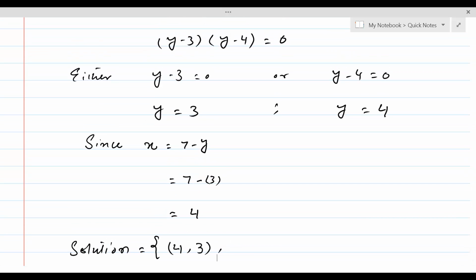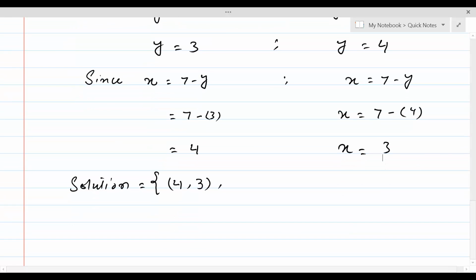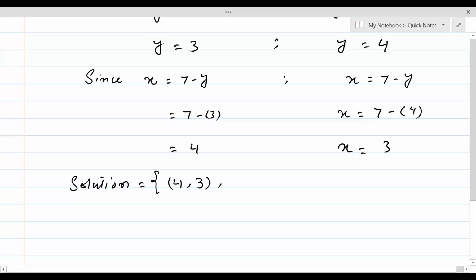And similarly, for the second value of y, again, we have x is equal to 7 minus y, and this will give us 7 minus 4, and this gives the value of x equal to 3. So the second pair is (3, 4).